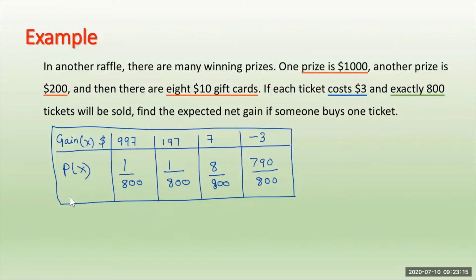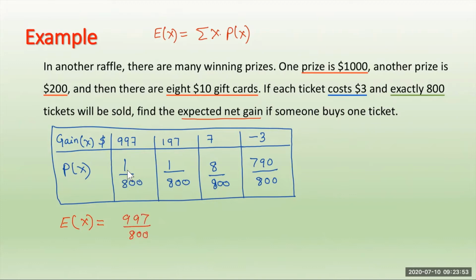After we have this probability distribution, we are going to calculate the expected net gain. The formula is E of x is equal to the sum of x times P of x. So we multiply these values. 997 times 1 over 800.